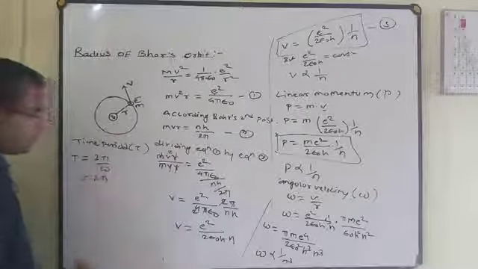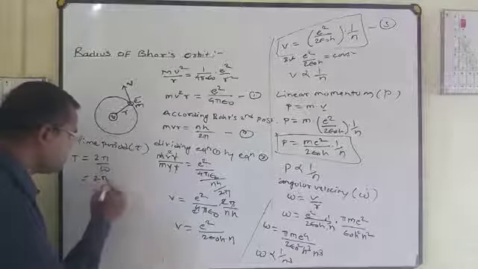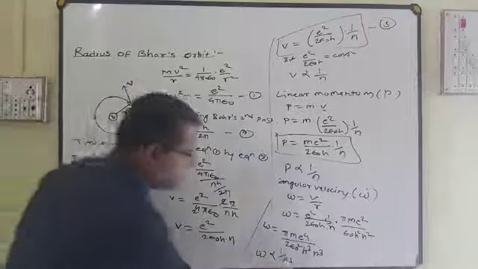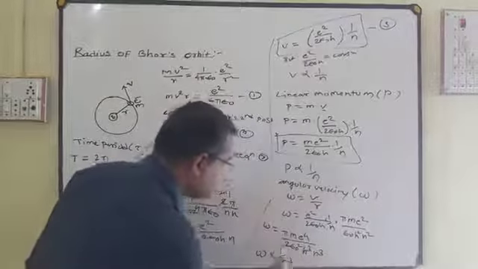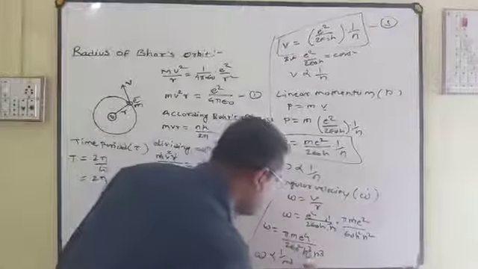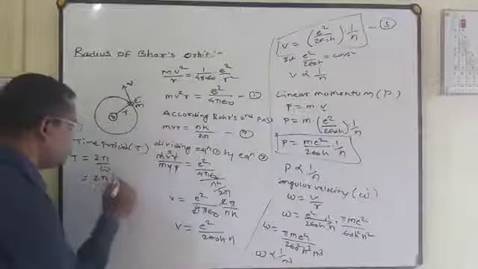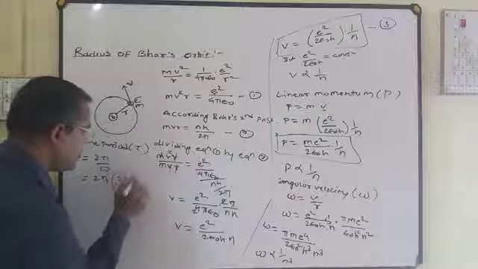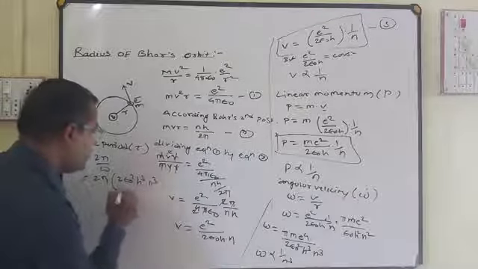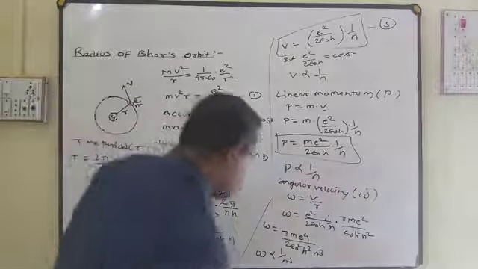Therefore it becomes 2 pi divided by the value of omega, the angular velocity, which is pi m e⁴ divided by 2 epsilon naught² h³ n³. So it becomes 2 into 2 epsilon naught² h³ n³ divided by pi m e⁴.